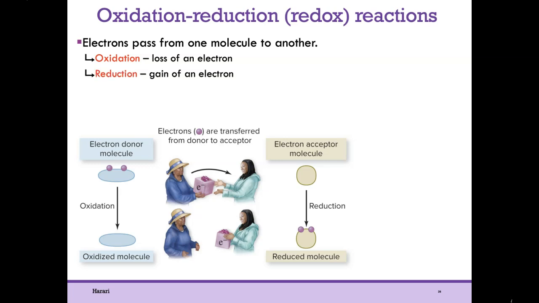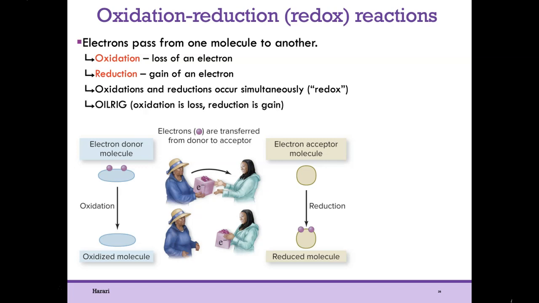Reduction is the gain of electrons, or the gain of energy. And oxidation and reduction happen simultaneously. So we call them oxidation-reduction reactions, or redox reactions. And this is how energized electrons get transferred from one molecule to another.